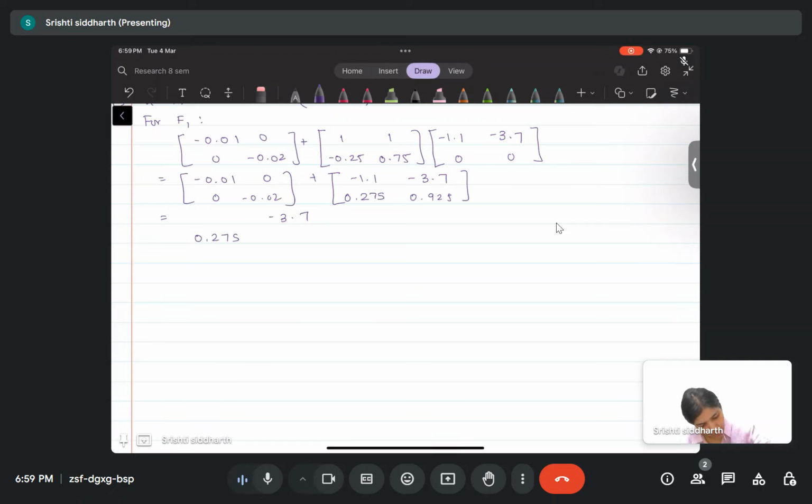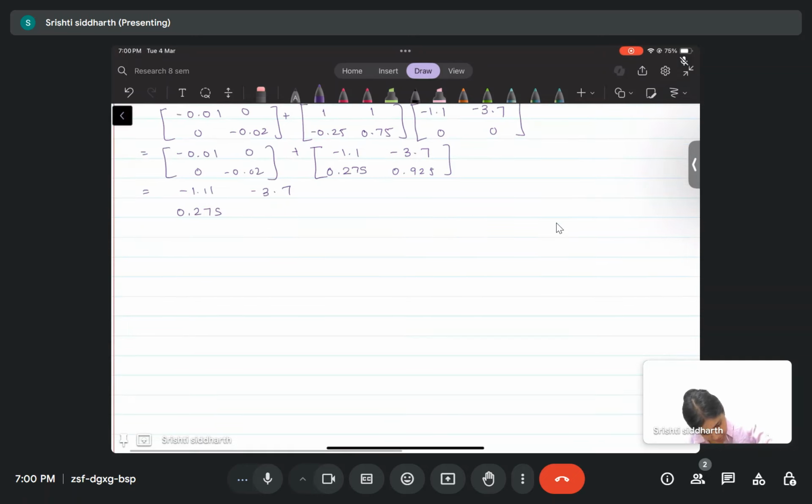So it's 1.11, and then we have 0.03 plus 1.5. Now, so this is simply 0.905.